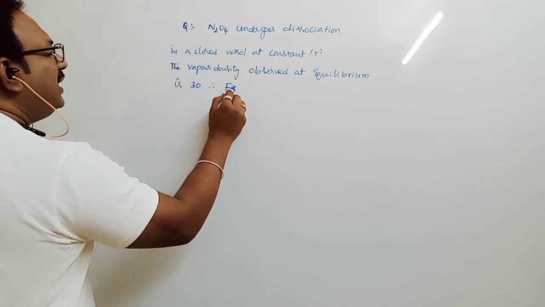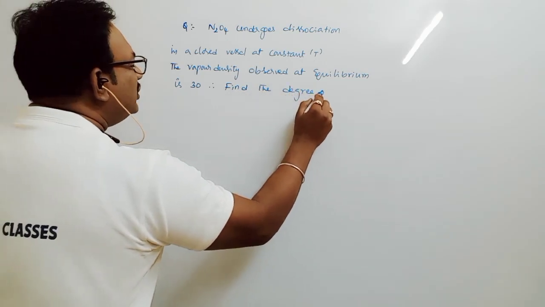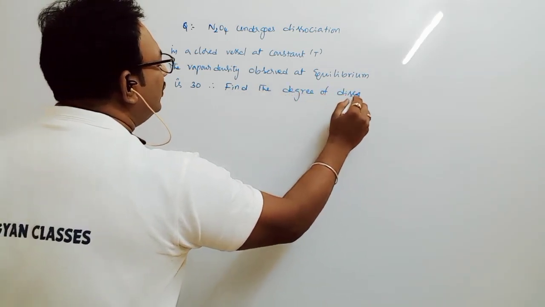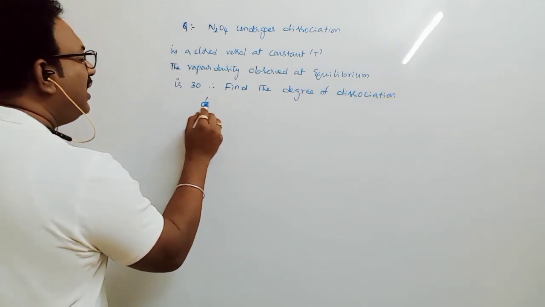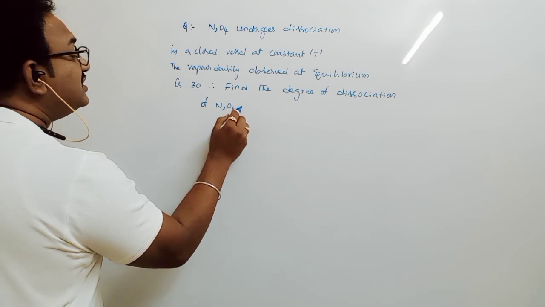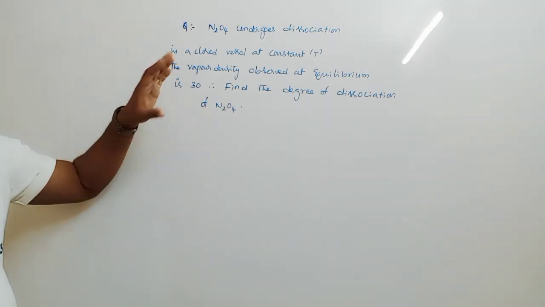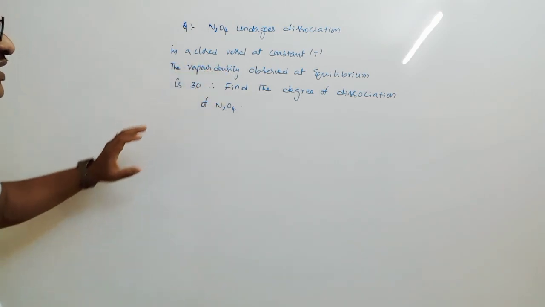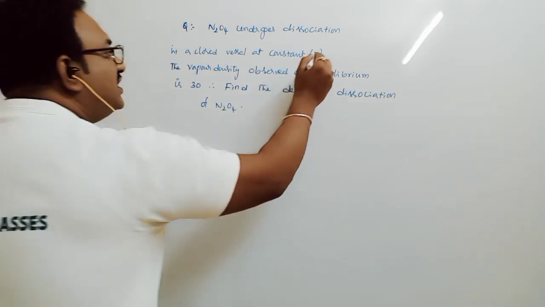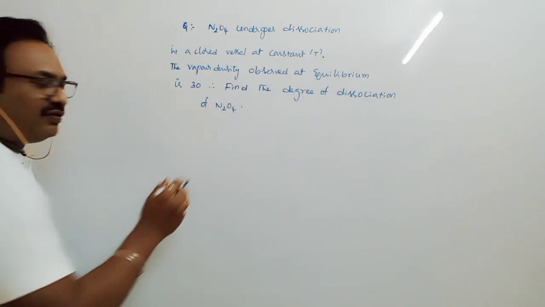Therefore, find the degree of dissociation of N2O4. So this is the question. See, N2O4 undergoes dissociation in a closed vessel at constant temperature T. The vapor density observed at equilibrium is 30. Find the degree of dissociation of N2O4.